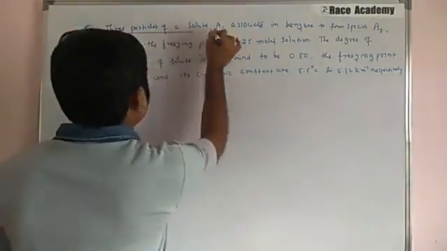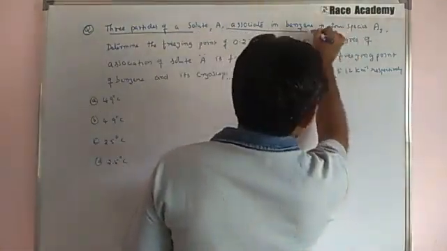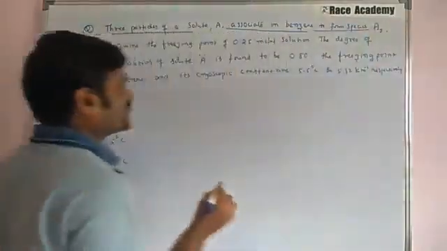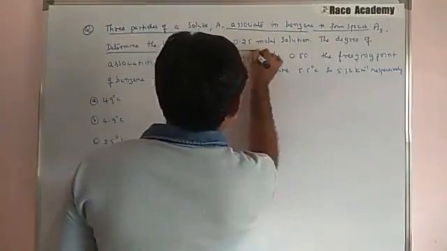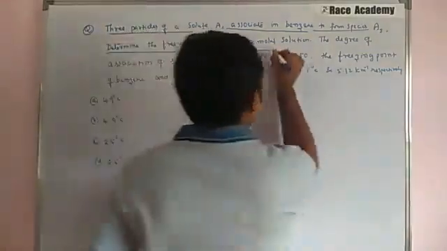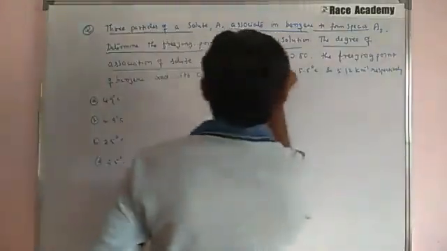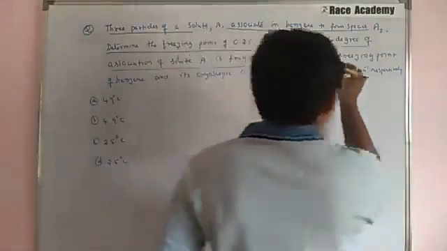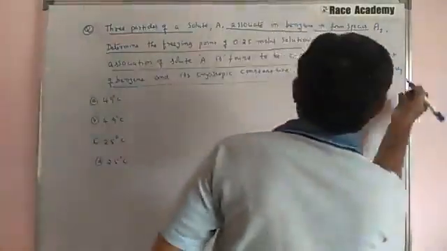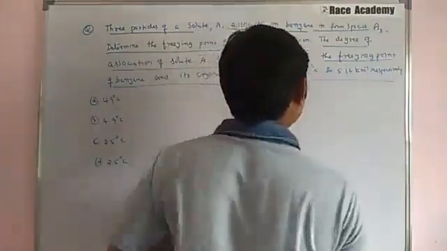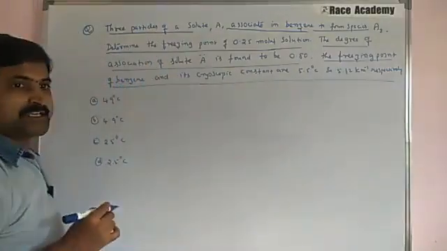Three particles of solute A associate in benzene to form species A3, and we determine the freezing point of a 0.25 molal solution. The degree of association of solute A is found to be 0.80. The freezing point of benzene and its cryoscopic constant are given as 5.5 degrees and 5.12 Kelvin per molality.